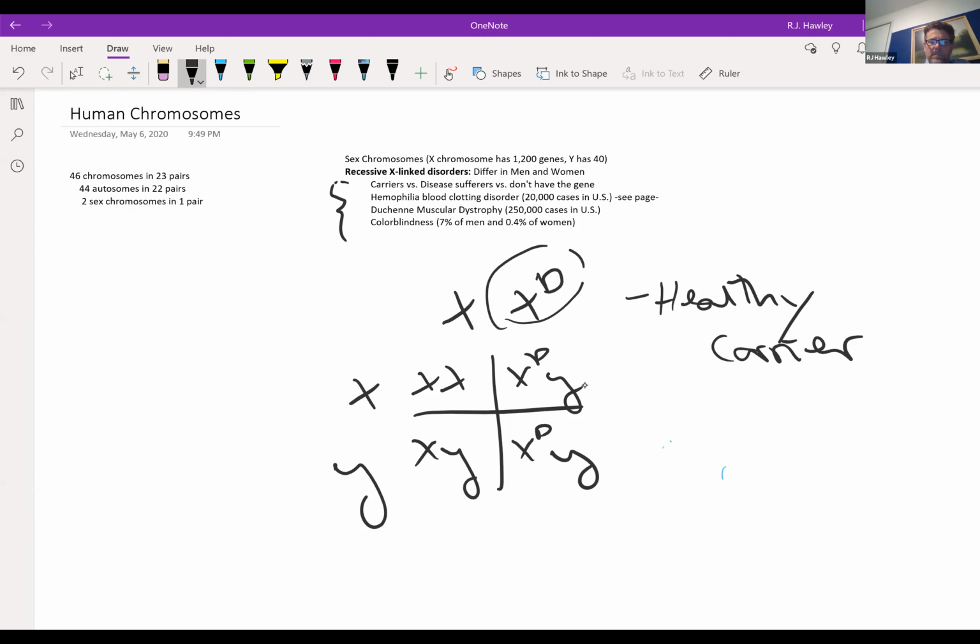So because mom gives her sons their only X chromosomes, every time there is a disease on the X chromosome in the egg cell, the boys have the disease, right? So this is why hemophilia, where your blood doesn't clot, affects men much worse than women, and muscular dystrophy, men much worse than women, and color blindness, right? 7% of all men on the planet are colorblind.